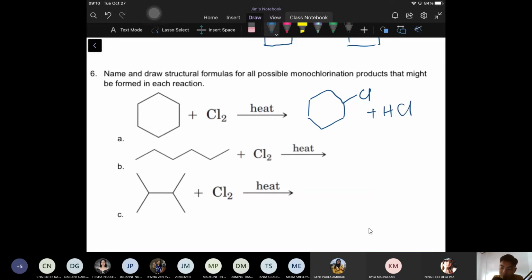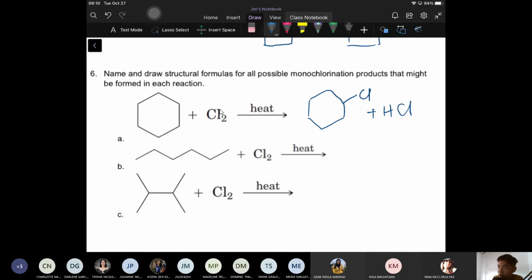Bakit naging HCl? Ba't may plus HCl? Kasi yung isang H dito sa ating cycloalkane, kinuha natin yung isang H, pinalitan natin ng Cl. Kaya napunta yung isang Cl doon. Plus, the combination of the removed hydrogen and the remaining Cl. So, saan mapupunta yung isang H?